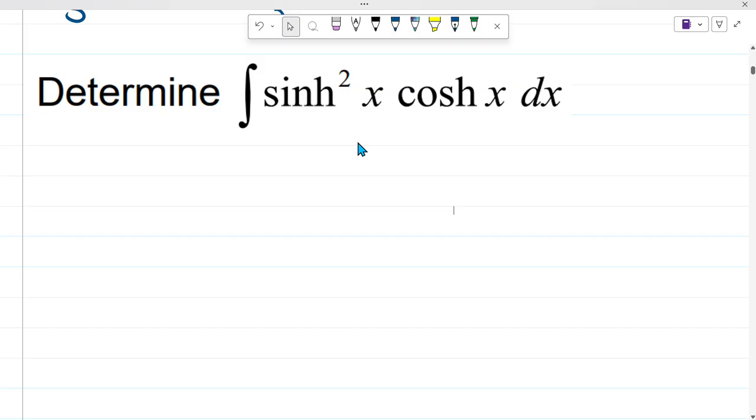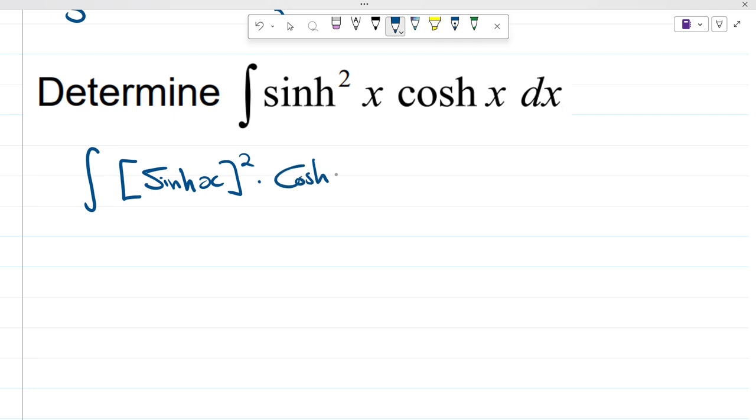So what we need to do is just rewrite it in a nicer way. We can say this is hyperbolic sine of x squared multiplied by hyperbolic cos of x, and then what?